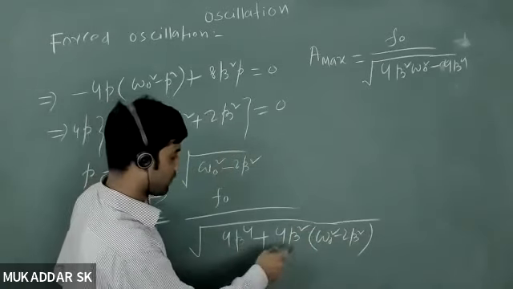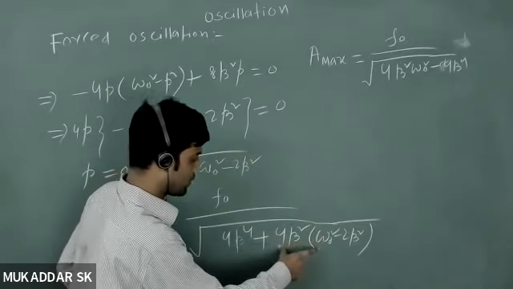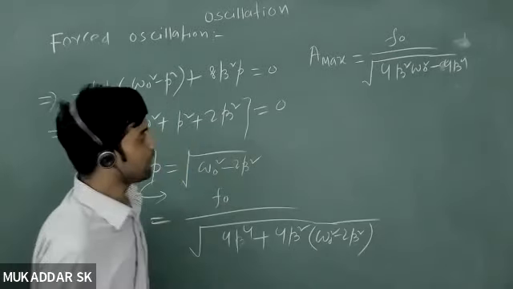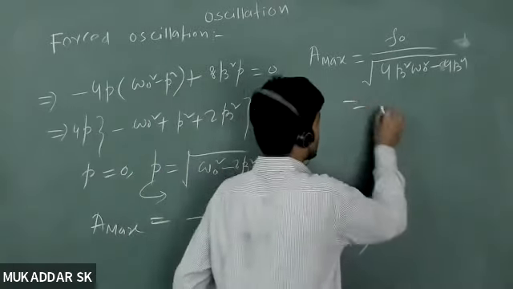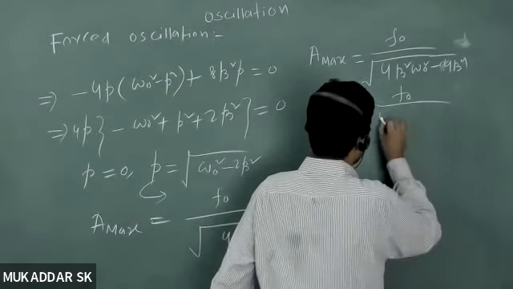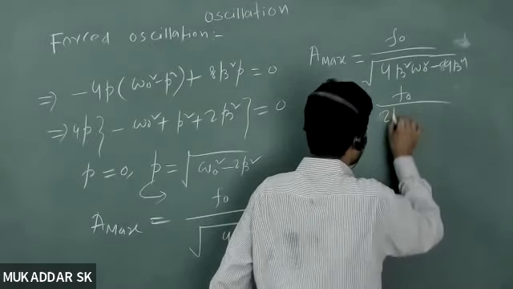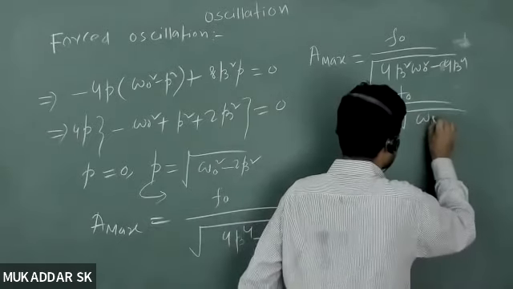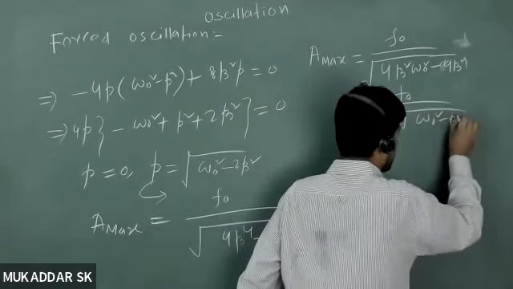So it will give you 4 beta square omega naught square minus 4 beta to the power 4. Now I'll take 4 beta square common, so it will give you 2 beta into the square root of omega naught square minus beta square.